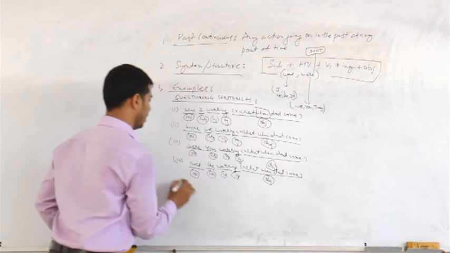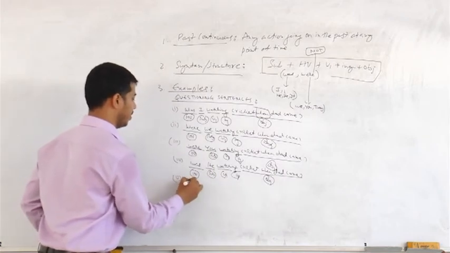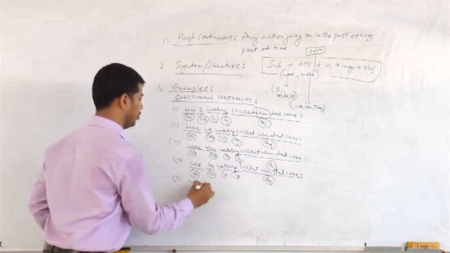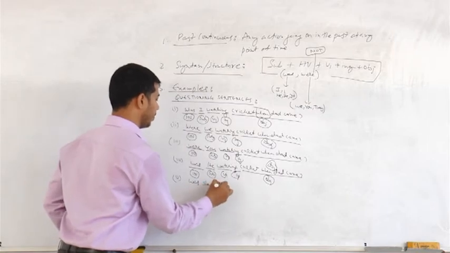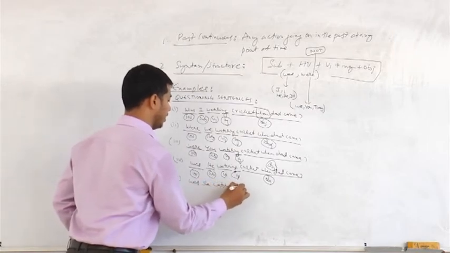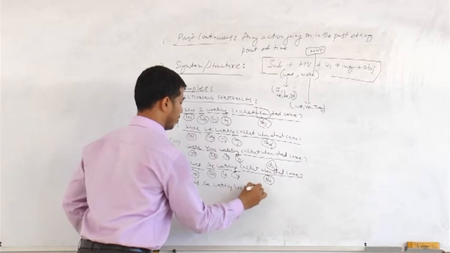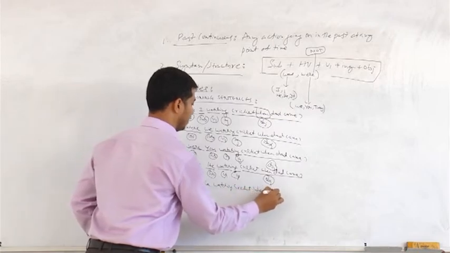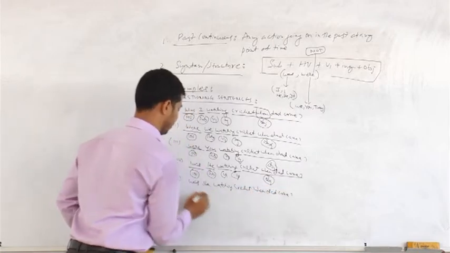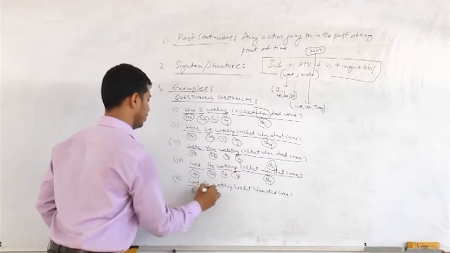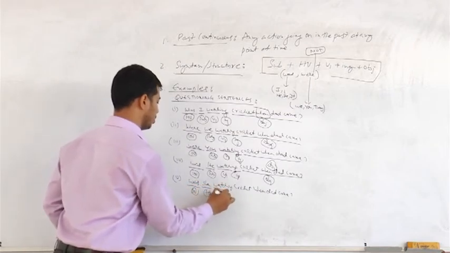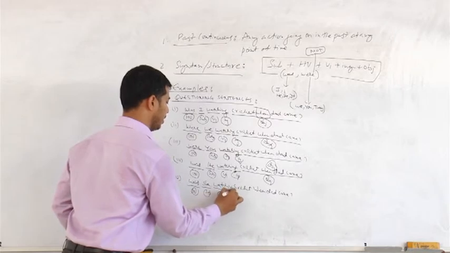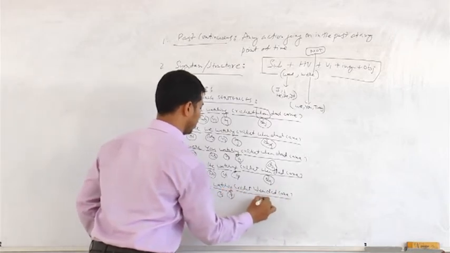We have labeled it as object, right? Now let us go with the personal pronoun she. Was she watching cricket when dad came? Was is the helping verb, she is the subject, ing is ing, cricket when dad came is the object.